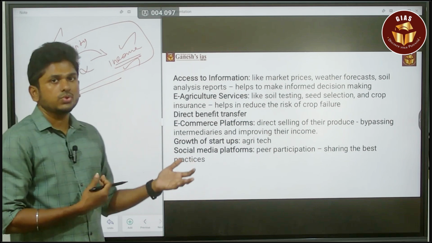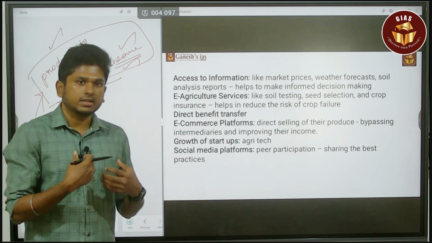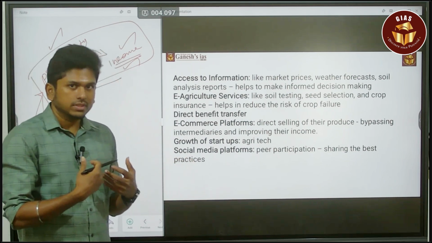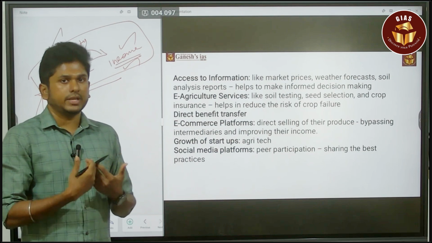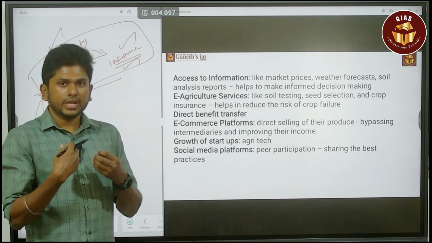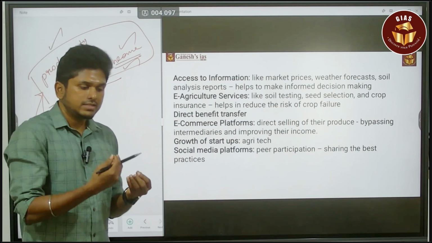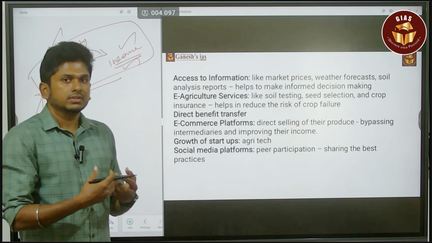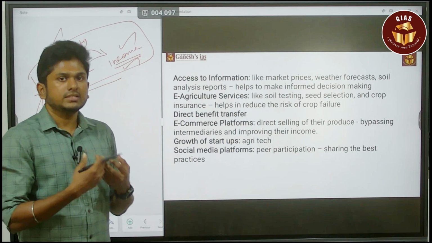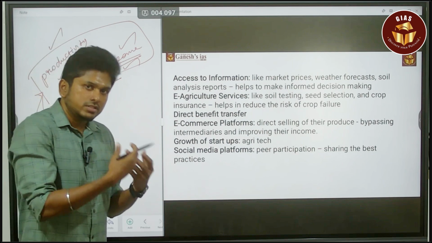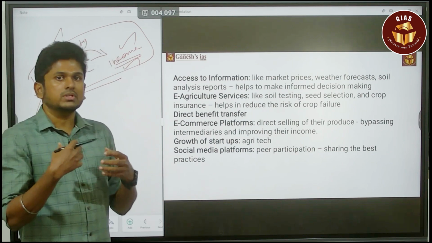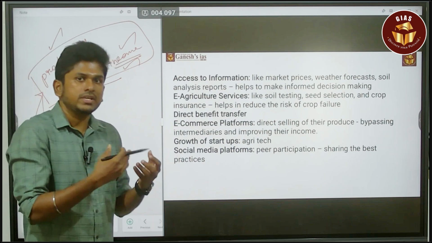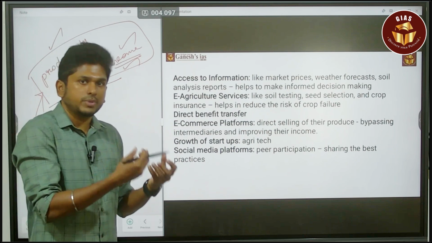And the last thing is social media platforms. Consider that I have a field, in that field I am cultivating grapes, and in my grape field some different pests are attacking. In that scenario, on the social media platform, a person who is cultivating the same grapes is also facing the issue of that pest attack.